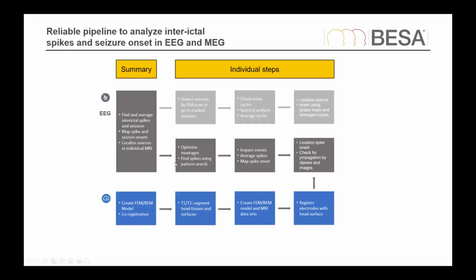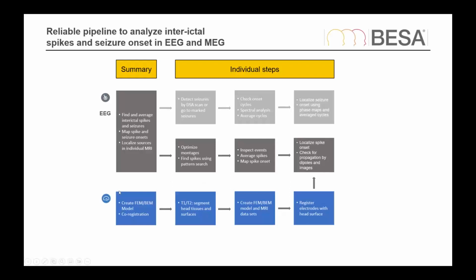And for epileptic spikes, the steps are to find a good montage where the spikes are evident, then use a pattern search algorithm to find the spike events, inspect them, maybe remove some that are not real events or that have too many artifacts, then average the remaining events, and we can then have a look at the map of the spike onset. And then we localize the spike onset and also the peak, and we check for propagation using dipoles and imaging data.